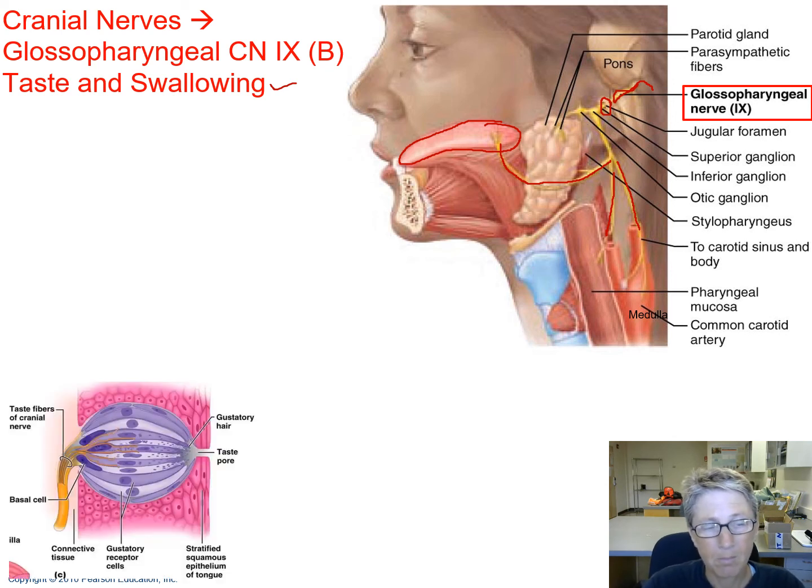In the tongue, this cartoon shows a taste pore. So you'd find this in your tongue.